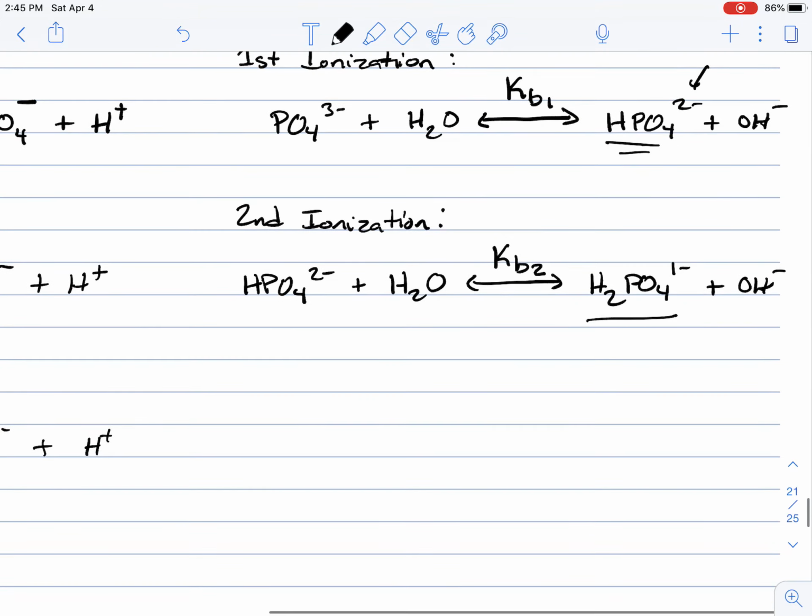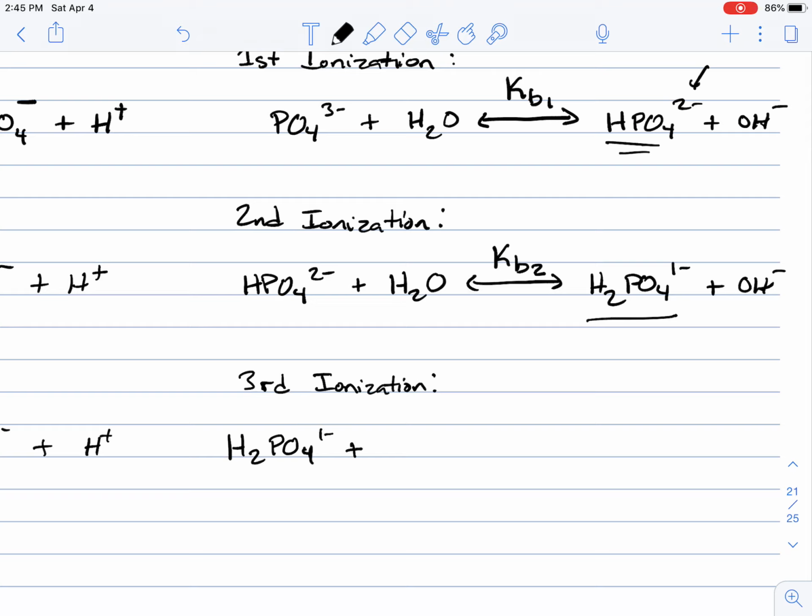Next, we're going to take the product and write the chemical equation for the third ionization step. So here we have H2PO4 with the -1 charge.